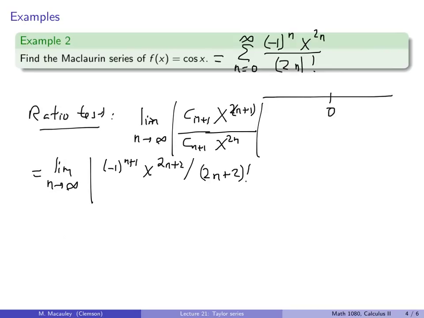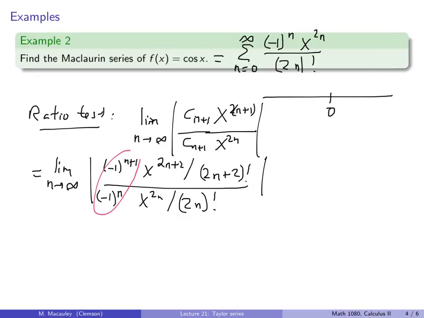So 2n plus 1 is 2n plus 2. On the bottom of this, we're going to get (-1)^n, we're going to get an x^(2n), and we're going to get (2n) factorial. Okay, let's simplify. These negatives, that whole thing is equal to negative 1. It doesn't affect the absolute value, so we can ignore it.